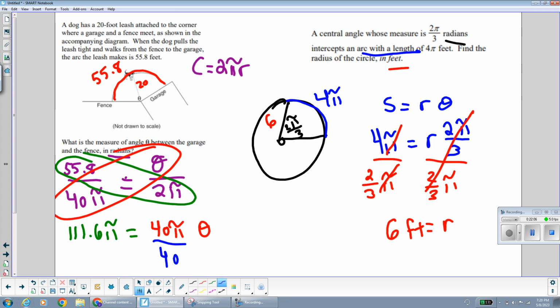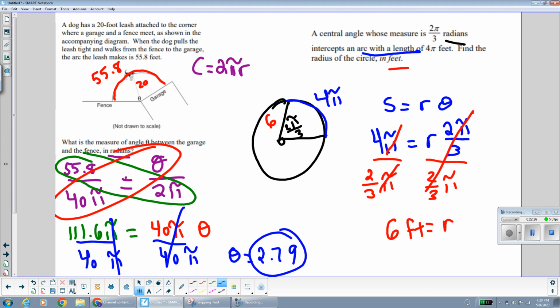Just going to divide both sides by 40 pi to get theta by itself. These cancel out. Let me divide by 40. And I got that the angle is 2.79 radians.